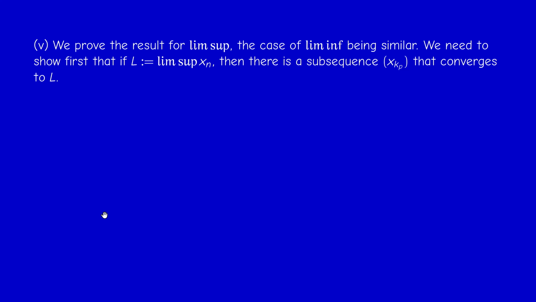That the limsup is the limit of a subsequence of the sequence, and then we prove that it's the biggest one. So two things actually. So call the limsup capital L. Now in this case, the limit of xn need not exist, but the limsup exists.